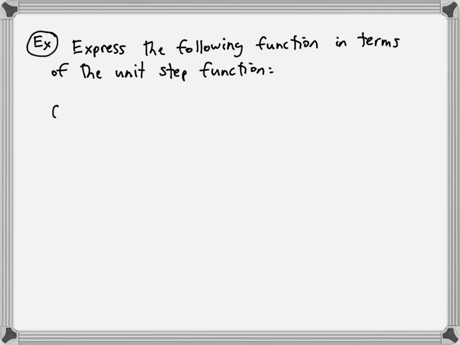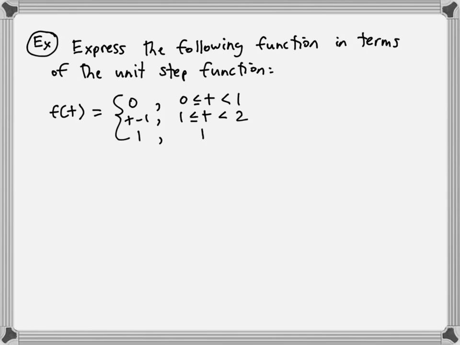And this function is going to be f of t is equal to, starts off with 0 when t is between 0 and 1, t minus 1 when t is between 1 and 2, and then 1 when t is at least 2.